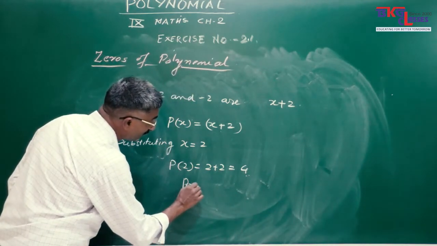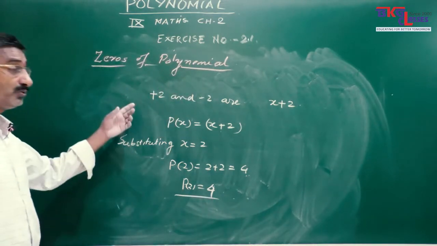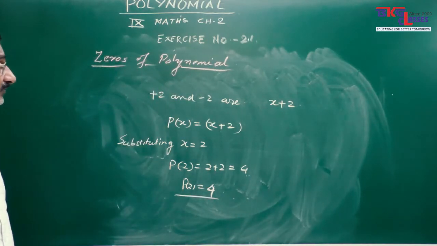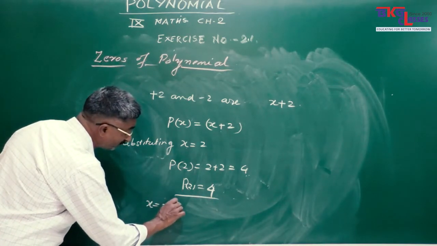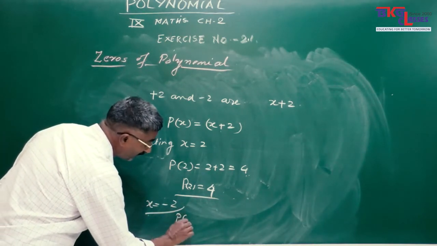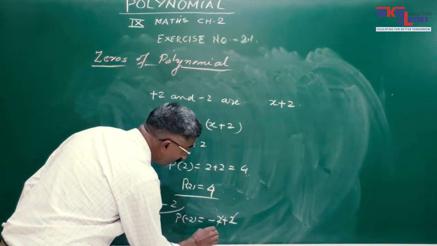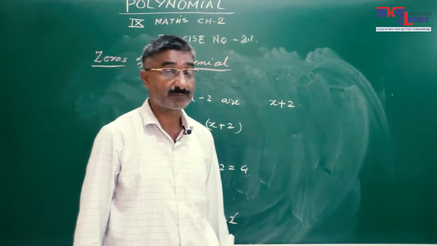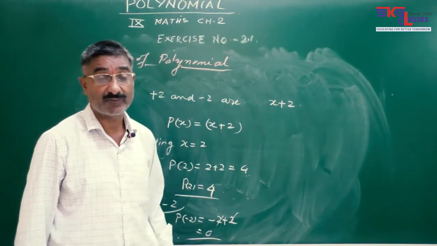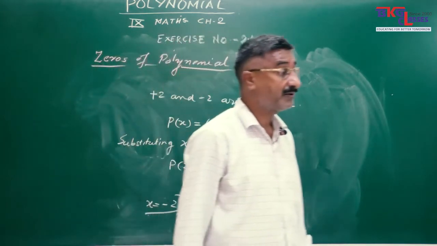So, P(2) is equal to 4. It is not equal to 0. Clear? So, 2 is not the zero of the polynomial P(x) is equal to x plus 2. But when we substitute x is equal to minus 2, P(minus 2) is equal to minus 2 plus 2. So, this is cancelled, equal to 0. So, minus 2 is the root of x plus 2 is equal to 0, or minus 2 is the zero of the polynomial x plus 2. Clear?